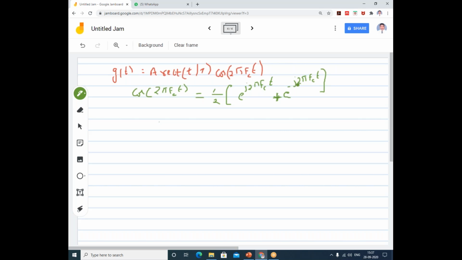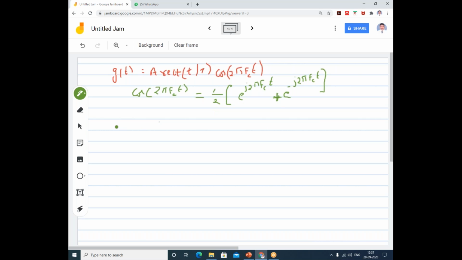Now observe, it looks like e power j theta and e power minus j theta. e power j theta I can write as cos theta plus j sin theta. e power minus j theta I can write as cos theta minus j sin theta. The sin theta terms cancel and you will get cos. So for cos 2 pi fct I can write it like this, and in place of cos I am going to substitute this.